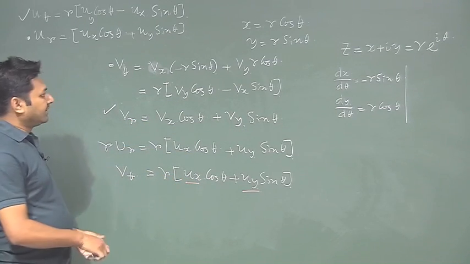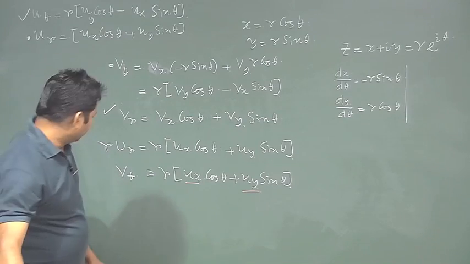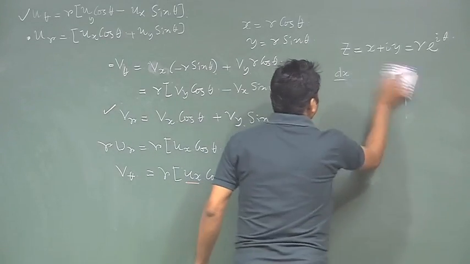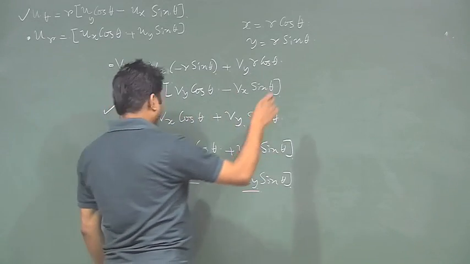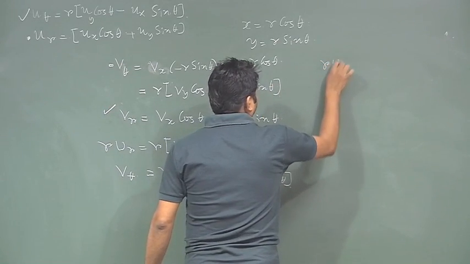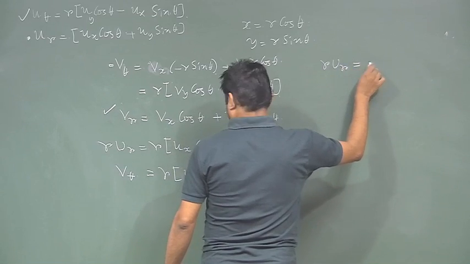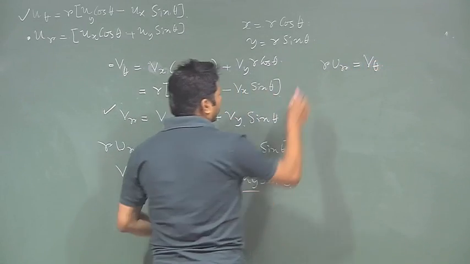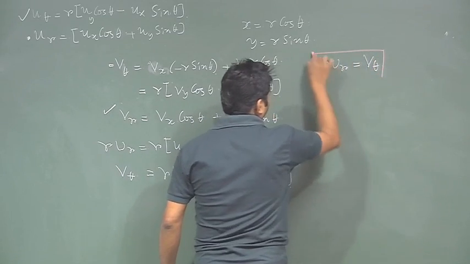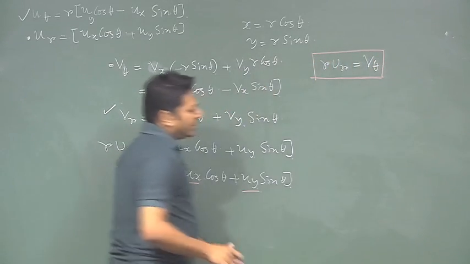So, these two things are same. So, this is one expression we have, and the expression is r u r is equal to V theta. This is the polar form of the Cauchy-Riemann equation, one equation.